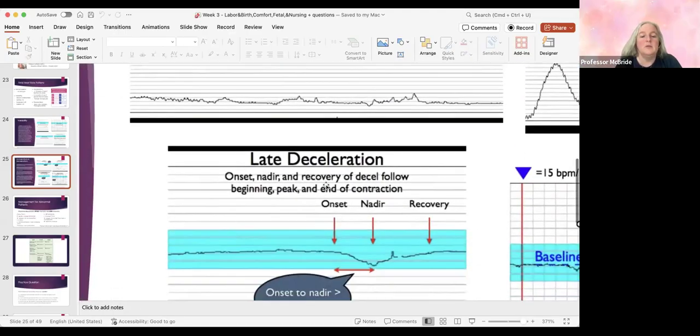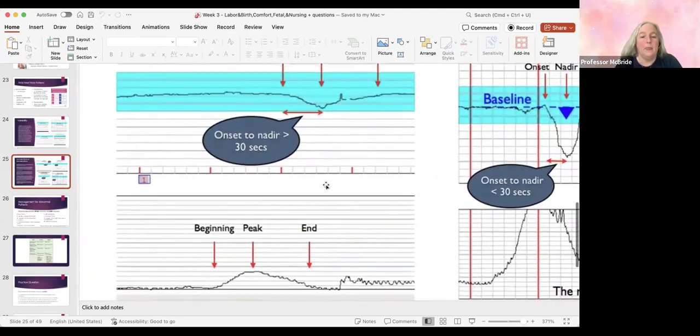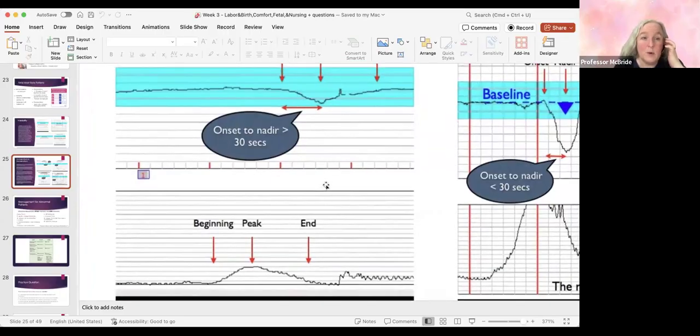The one that we worry about the most, and the one that is going to require the most attention, is the late deceleration. The late deceleration starts after, and after is your keyword or your cheat word for this. It starts after the contraction starts. So here's the contraction. Here's the heart rate, which also has not good variability.